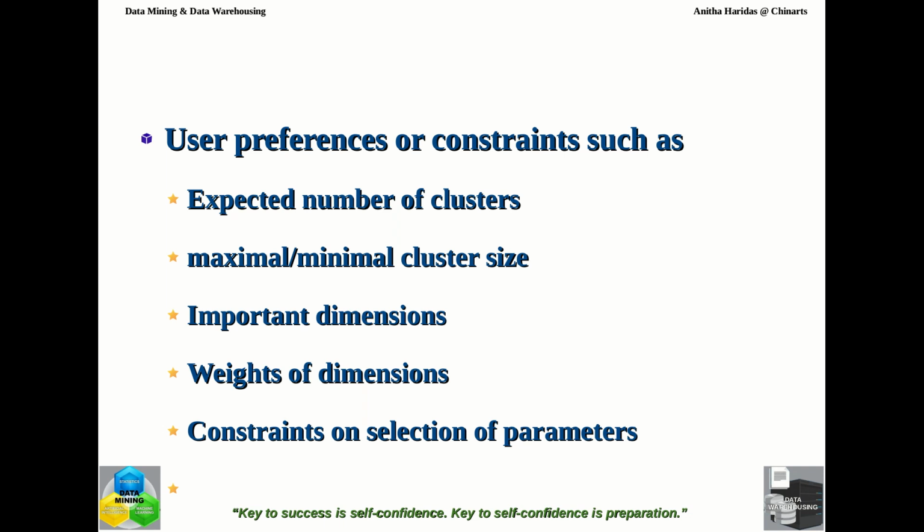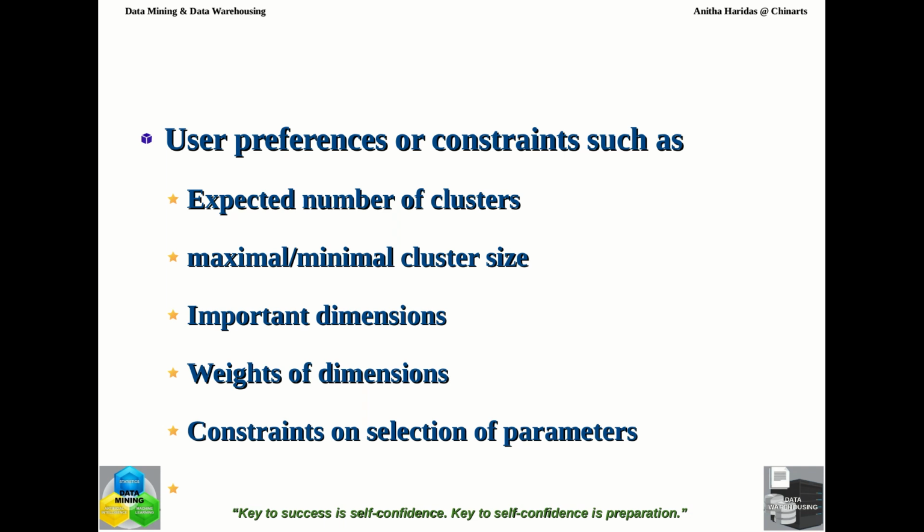Or if you say the maximum cluster size should be 10 centimeter radius or 10 centimeter diameter, like that, if you specify the cluster size, then it can also be called a constraint. Or if you specify that when I am going to cluster, I need dimension 1, dimension 2, dimension 3 to be considered, then it is also called a constraint.